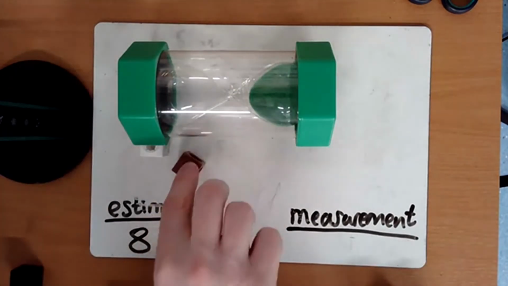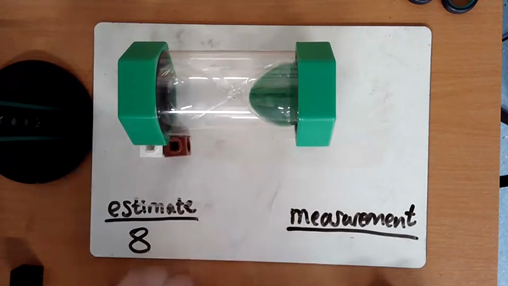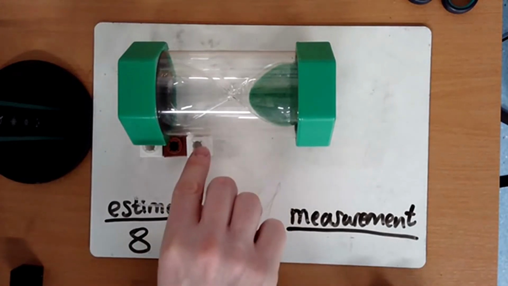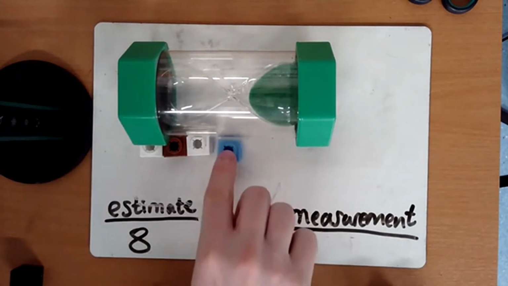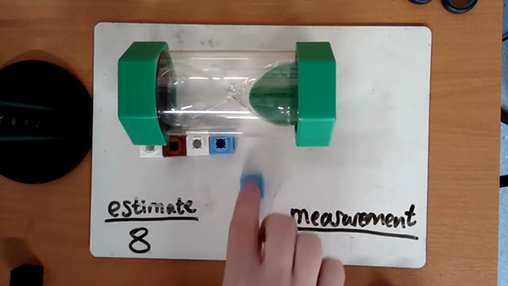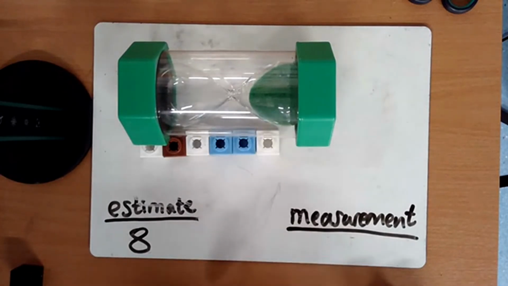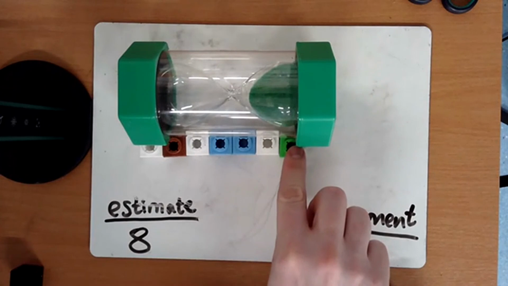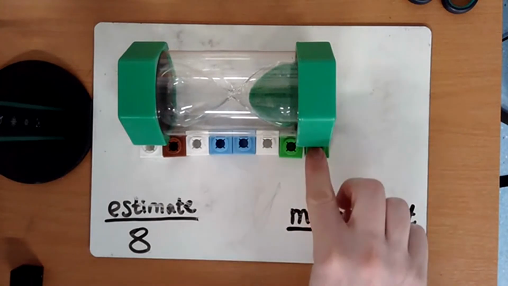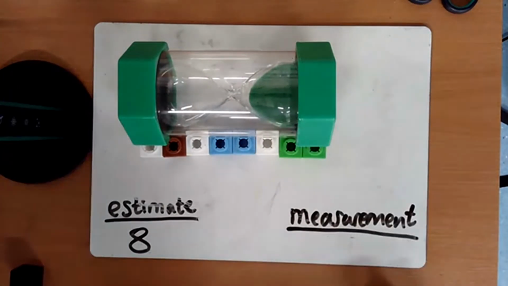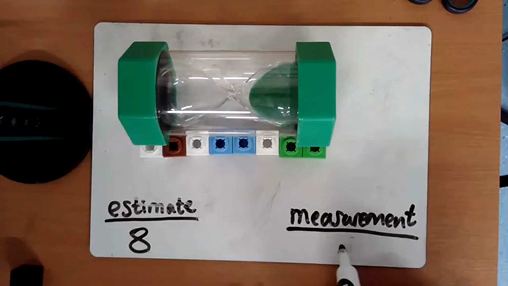1, 2, 3, 4, 5, 6, 7, 8. So my estimation was 8 and my measurement was 8.